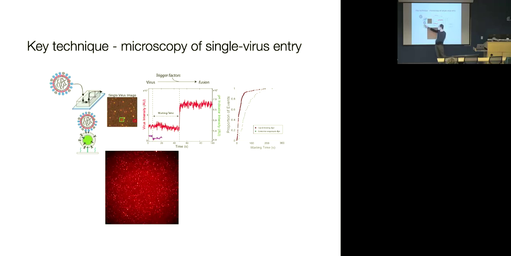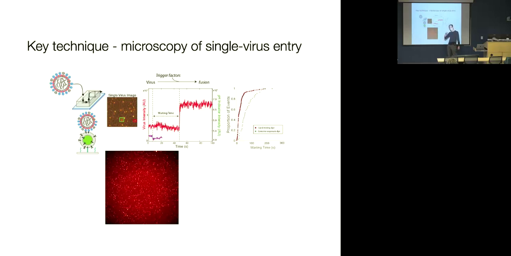And we can have fluorescent probes in the virus, fluorescent probes in the target membrane. And these probes will change fluorescence to report on changes in viral state, either when the lipid membranes merge or when a nucleic acid binding dye in the target is able to access the viral genome.